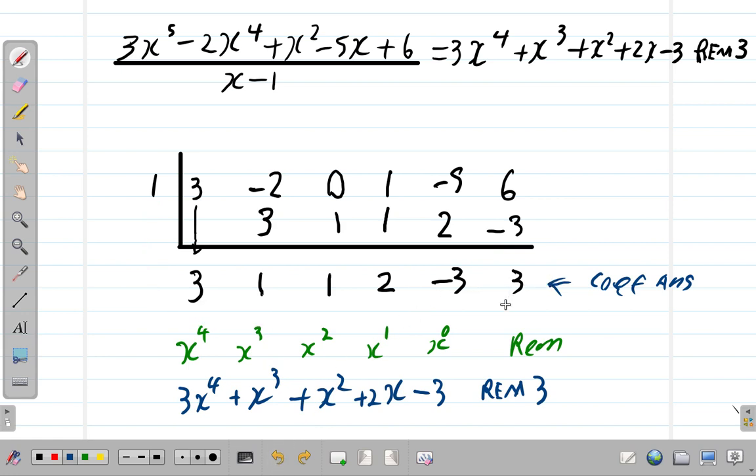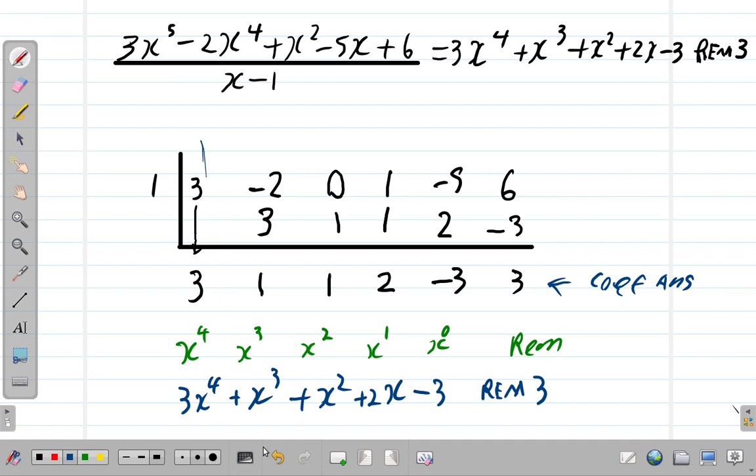So that's what you do in synthetic division. And you have to remember that when you divide by a linear expression, the degree of the polynomial will reduce by 1.